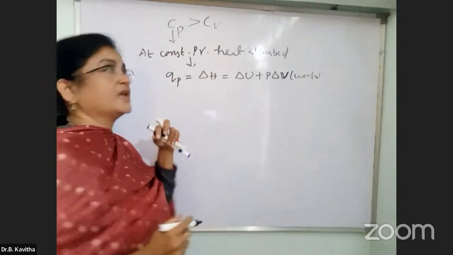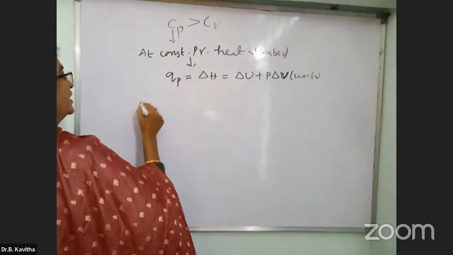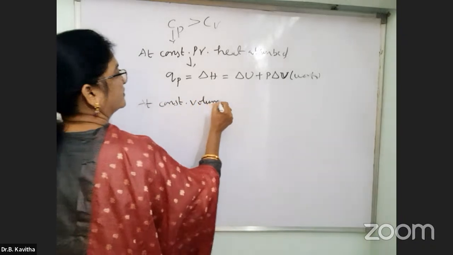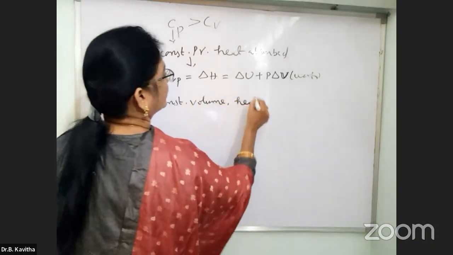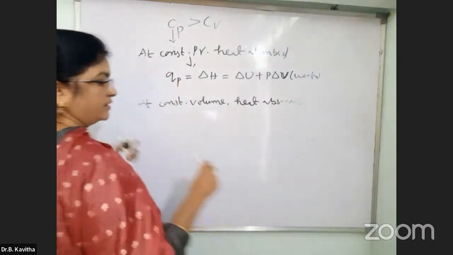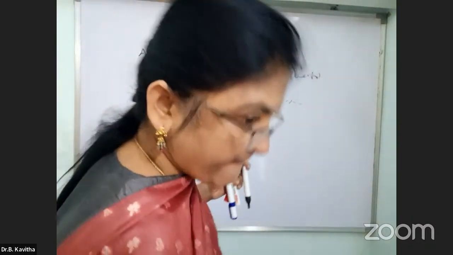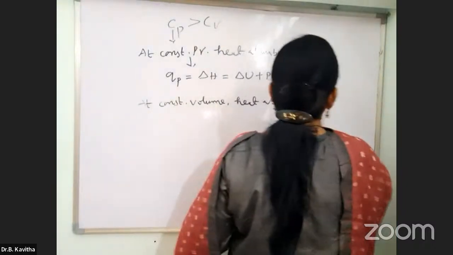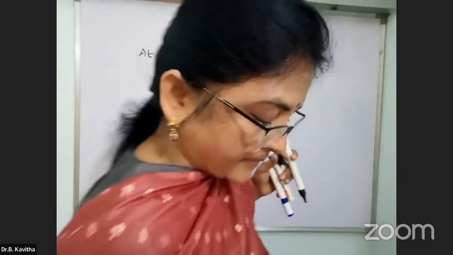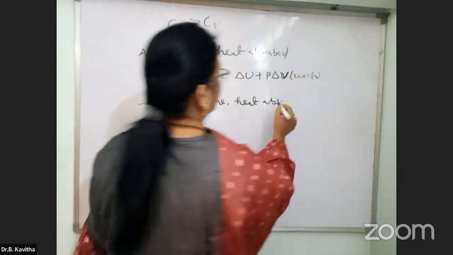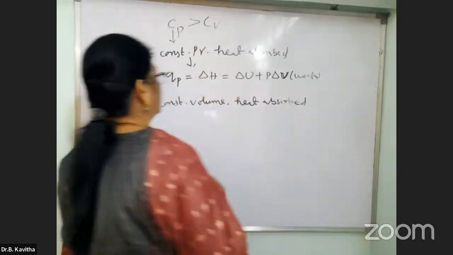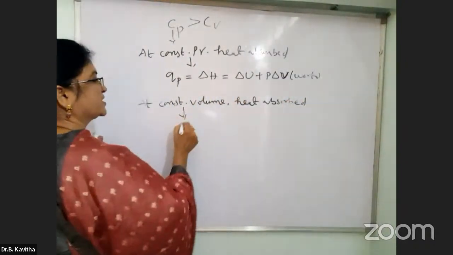Okay, but when you see Cv, at constant volume, heat absorbed అంటే ఏమనుకున్నాం మనము, it is Qv.